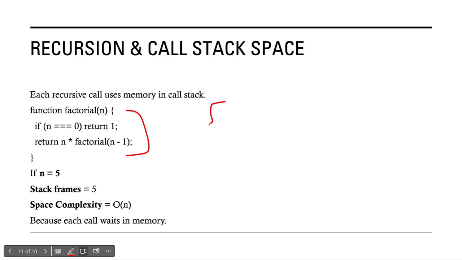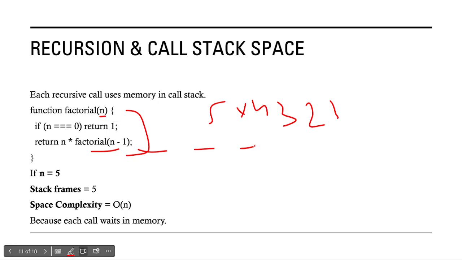That is 5, 4, 3, 2, 1, where every time we decrease by 1 and multiply by the previous one. So if we call factorial of 5, then factorial 5 waits for factorial 4, then 3, then 2, then 1, and this continues until factorial of 0.